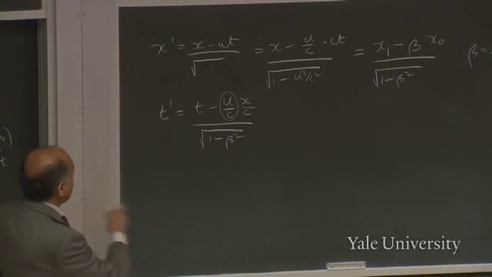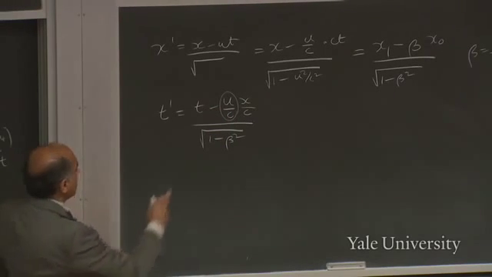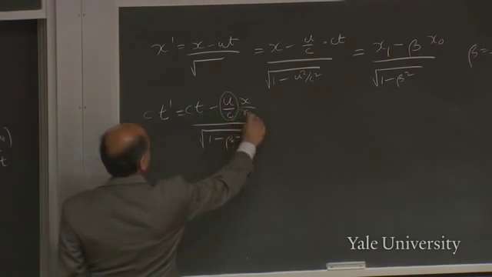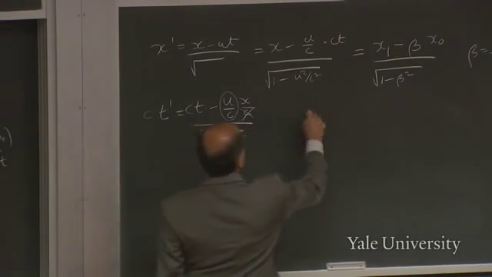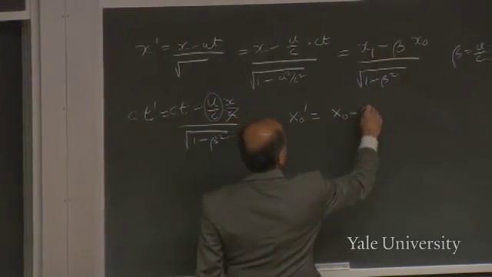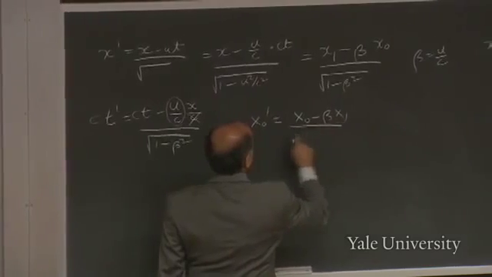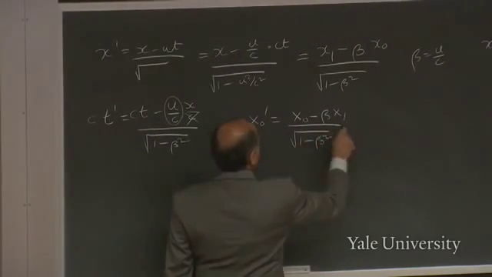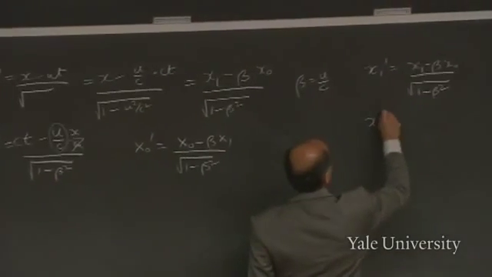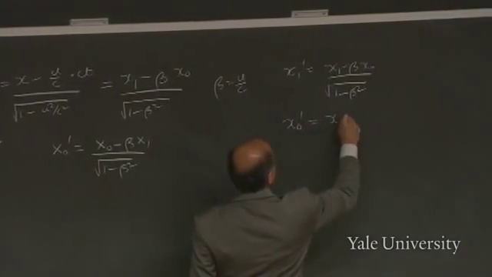We should multiply both sides by c. Because if you multiply both sides by c, put a c there, and get rid of this one, then you find x0 prime is x0 minus beta times x1 over the square root of 1 minus beta squared. So let me write that here. Now you see the relationship between the coordinates is nice and symmetric.